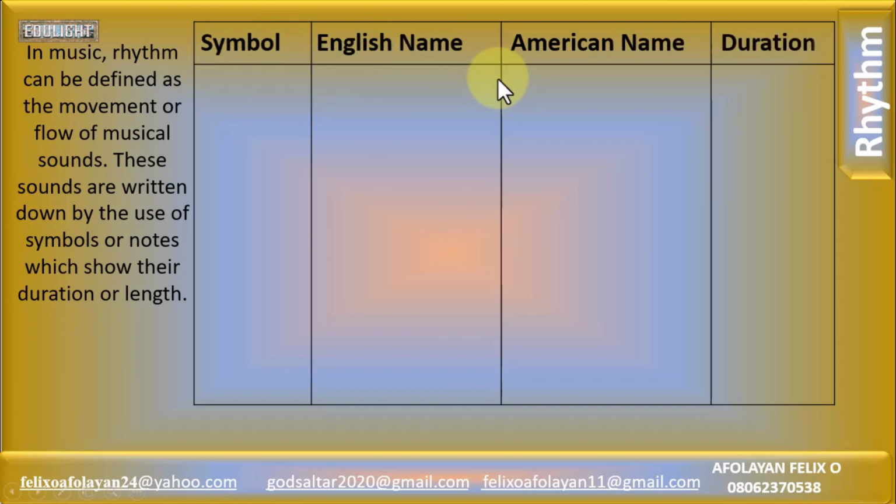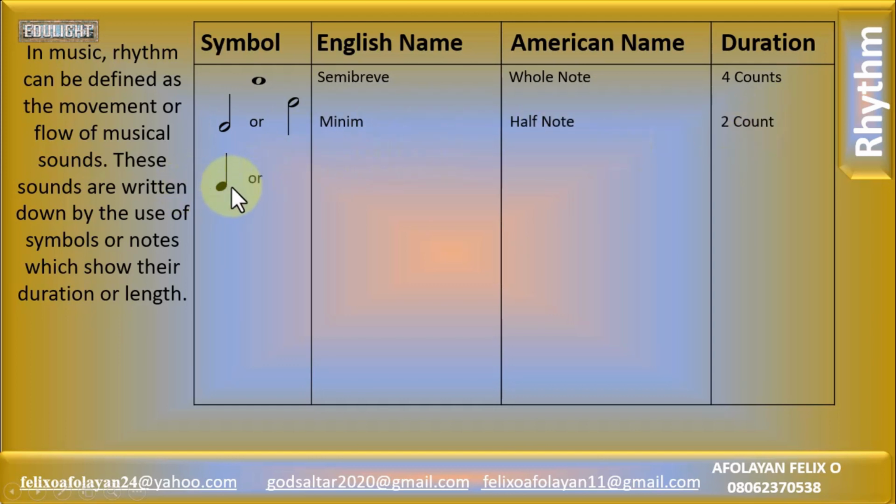Symbol, English name, American name, duration. The first note we are talking about is called semibreve. Whole note, four counts. This one that we are drawing now is called minim. Half note, two counts. This one also that we are drawing, with the head shaded, is called crotchet.